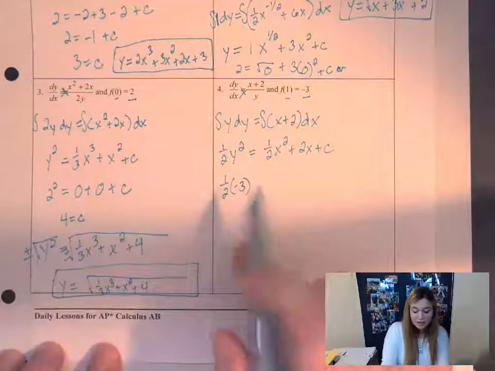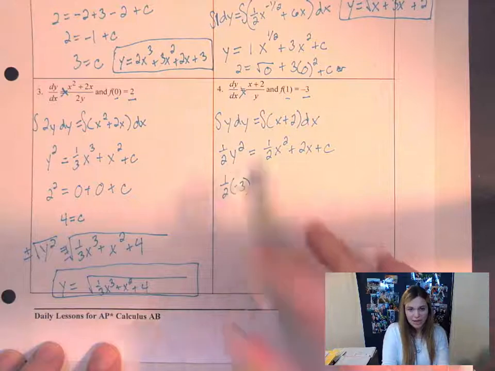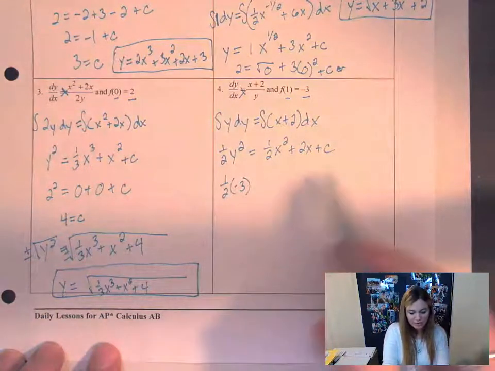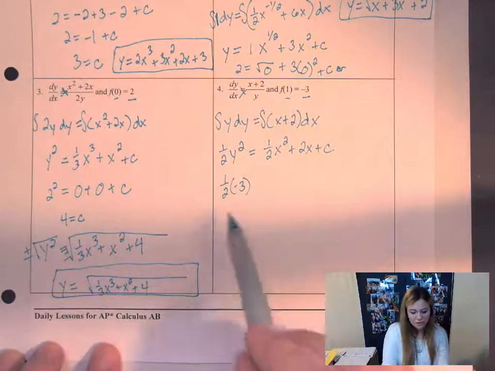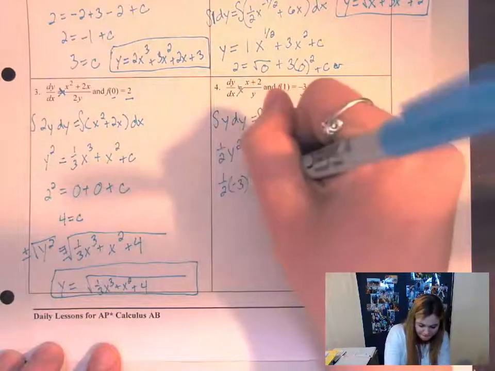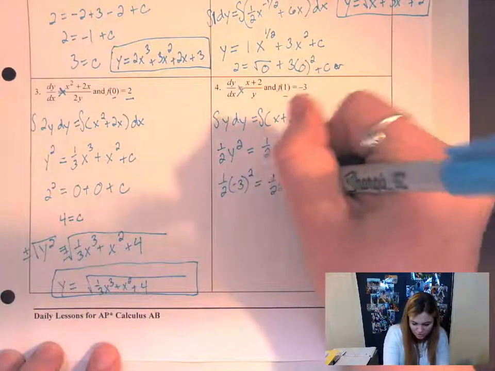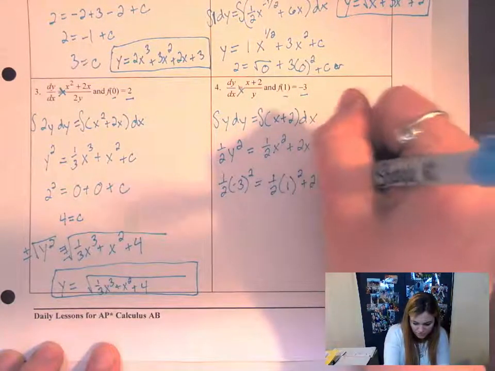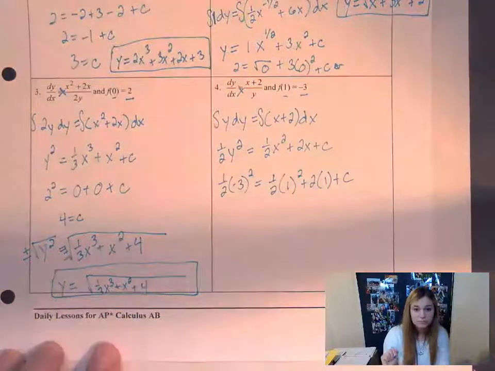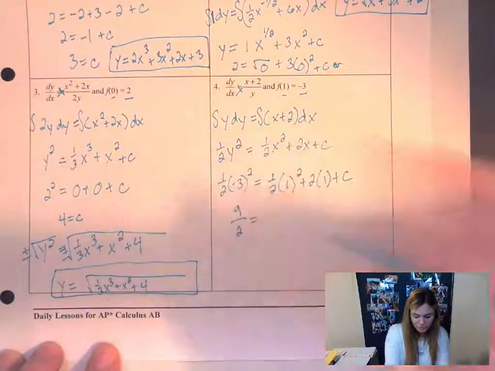Some people might have also solved this a little bit sooner here and solved this for y. It's okay. I'm just substituting in right away so I can find this value of c and it's not as confusing later. So I've got -3 squared. X is 1. This would be 9/2.